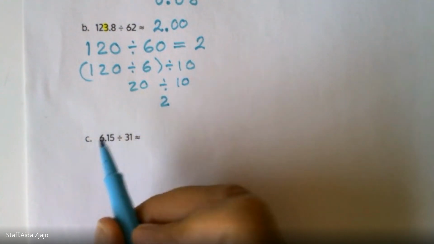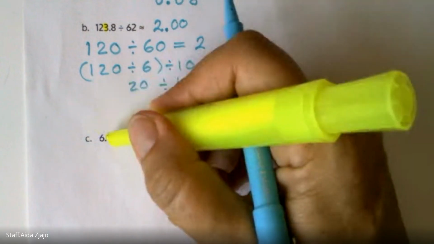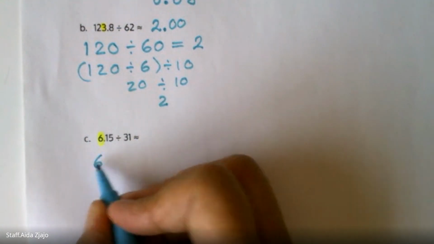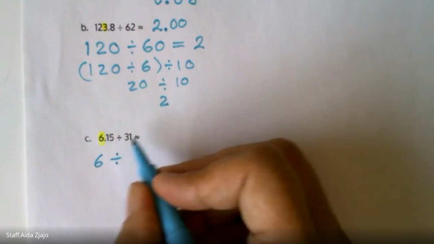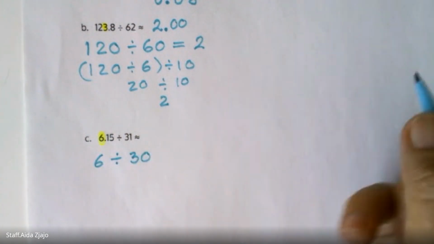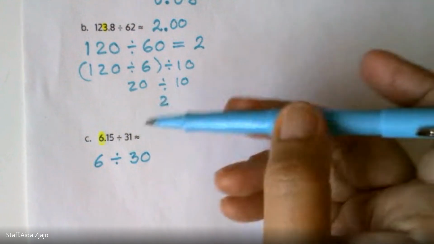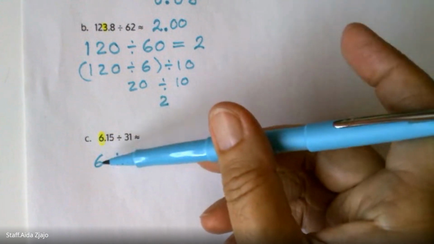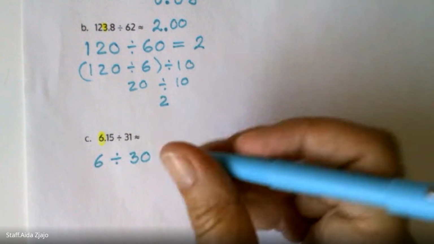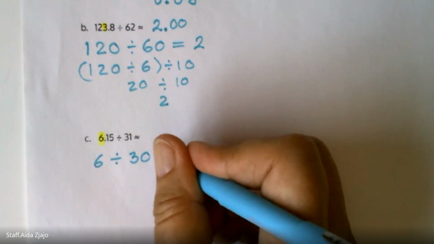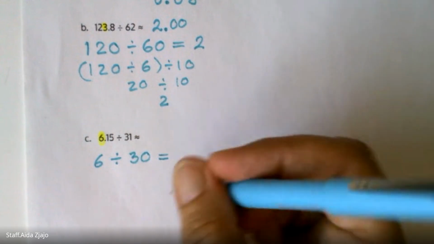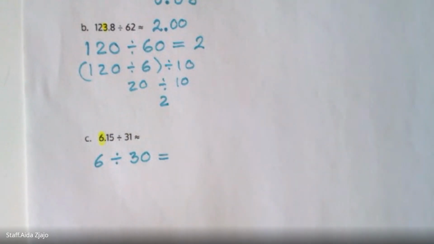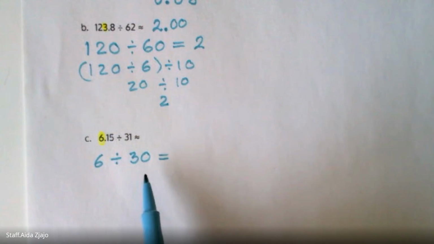Okay, number C. $6.15 divided by 31. I'm going to round to just $6, and 31 will be 30 about. So how many 30s are in 6? Of course, if you have $6, you cannot divide that equally, you have to regroup $6 to become tenths. Then you can divide in groups of 30.